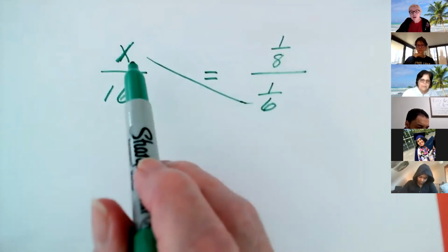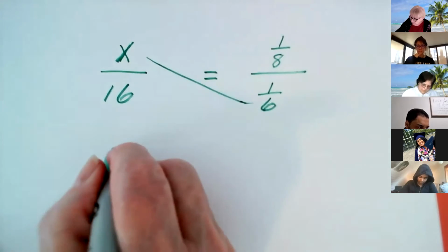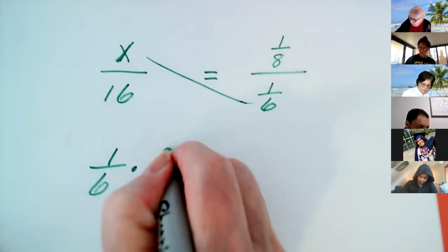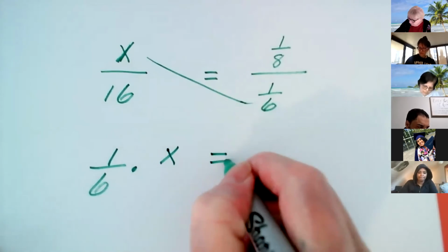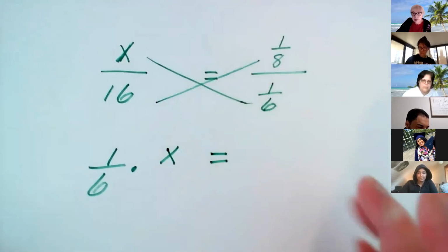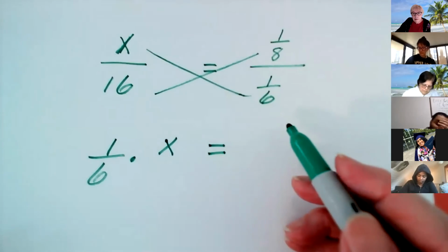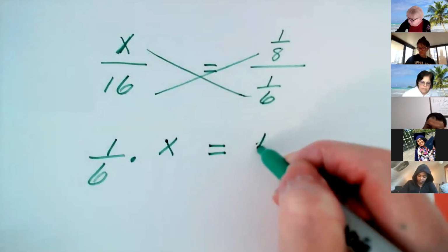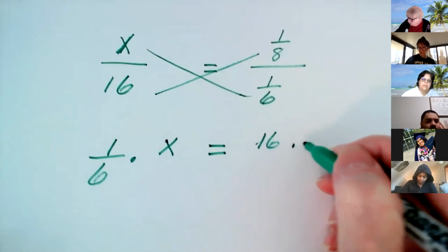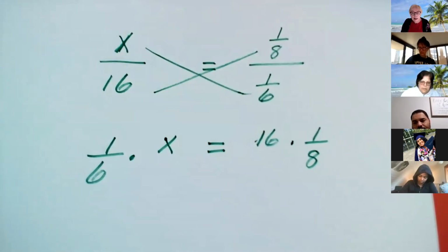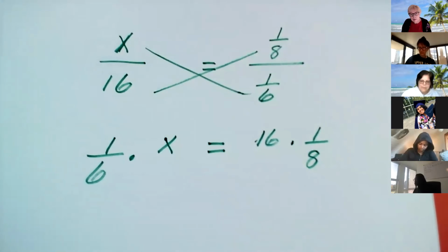So this is 1/6 times X. And this is 16 times 1/8. I can see where you get in trouble with this.